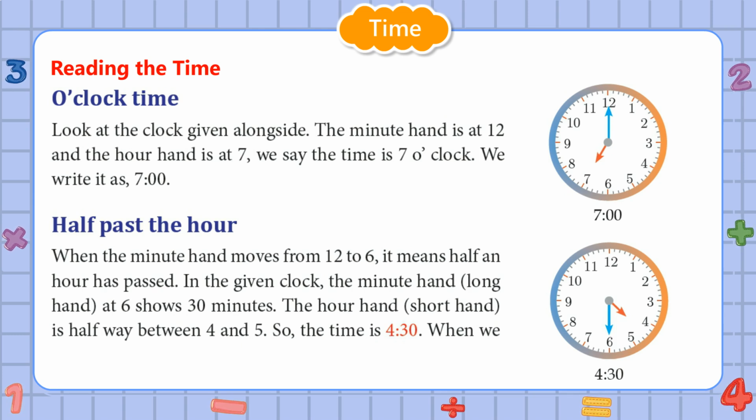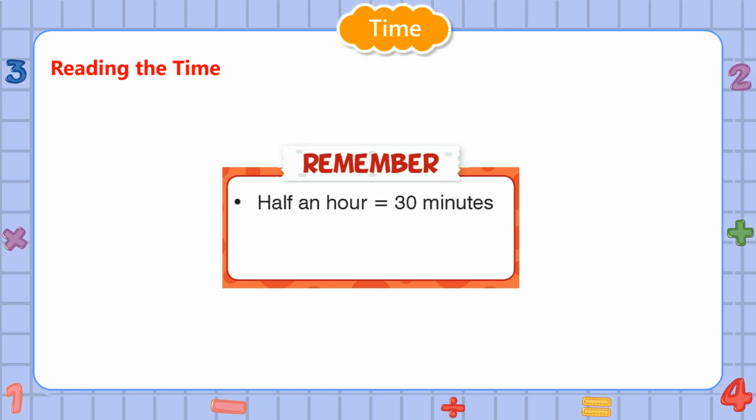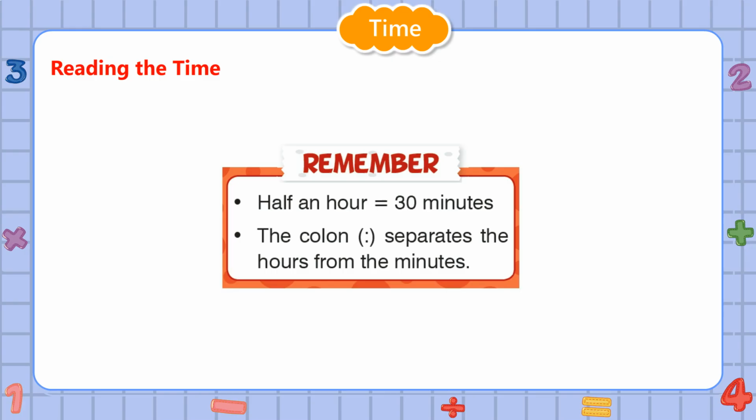So, the time is 4:30. When we read the time, we say 30 minutes past 4 or half past 4. Remember, half an hour is equal to 30 minutes. The colon separates the hours from the minutes.